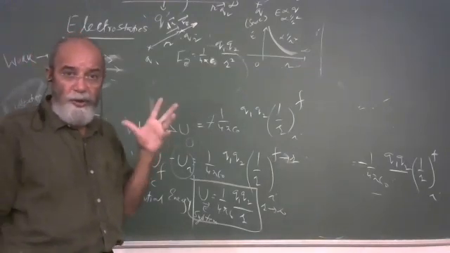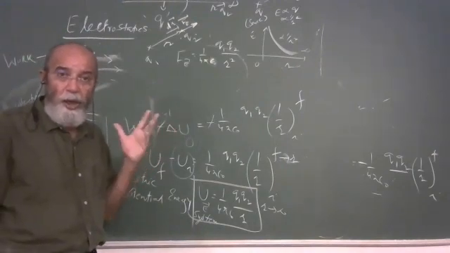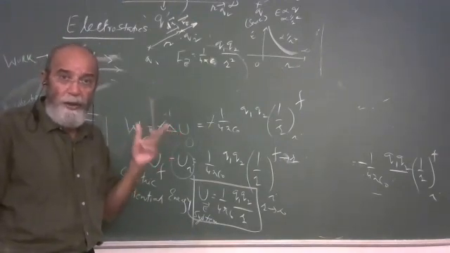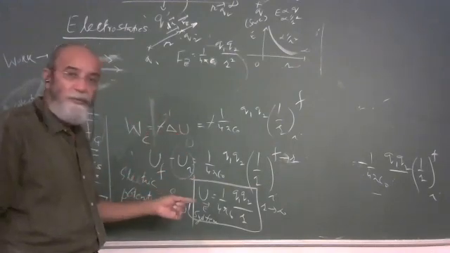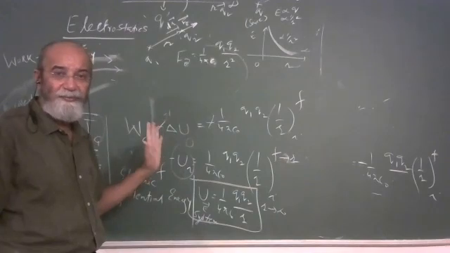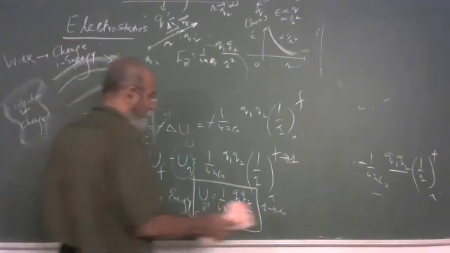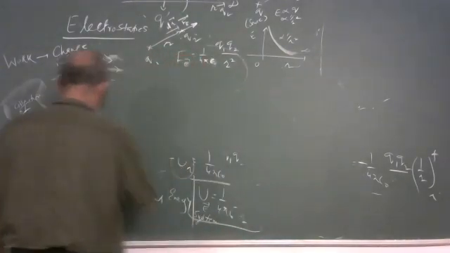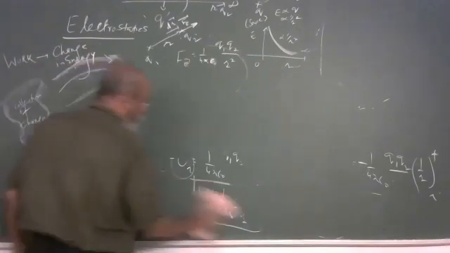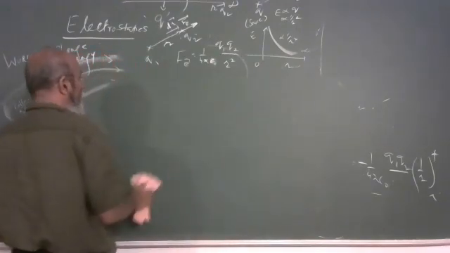Q1 and Q2 together form a system which has electric potential energy. If the charges are static, the electrostatic potential energy is given by this. Let's keep it in mind. Good.